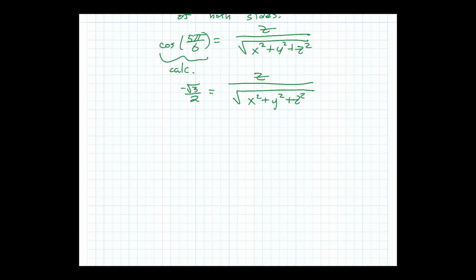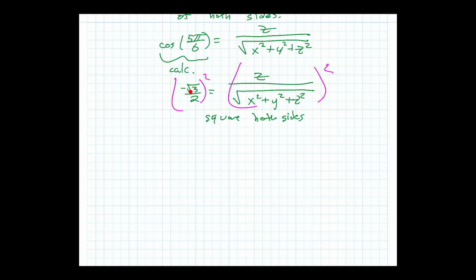If I want to try to clear out this square root, we could square both sides. So if you square this side, first of all, the negative is going to go away.